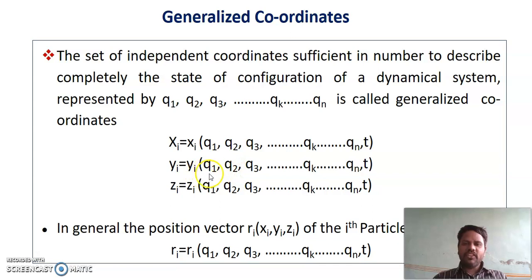Similarly, y as a function of q1, q2, q3, up to qn, and z as a function of q1, q2, q3, up to qn. In general, the position vector of the ith particle, ri, can be represented as a function of q1, q2, q3, up to qn.